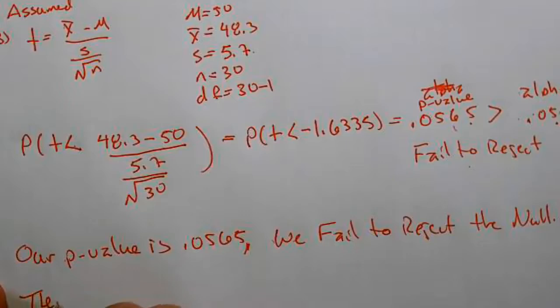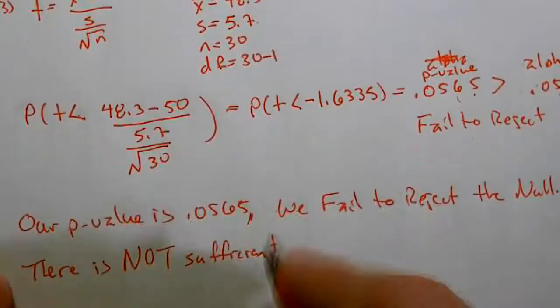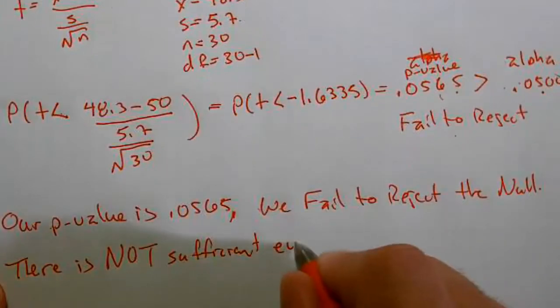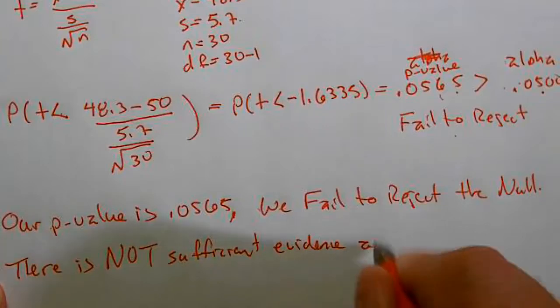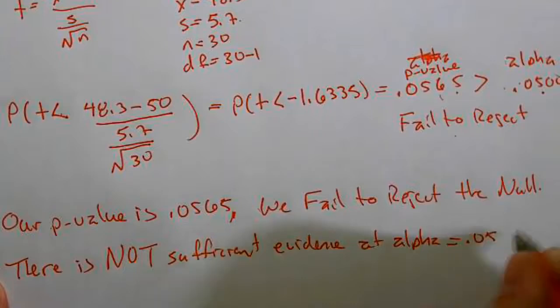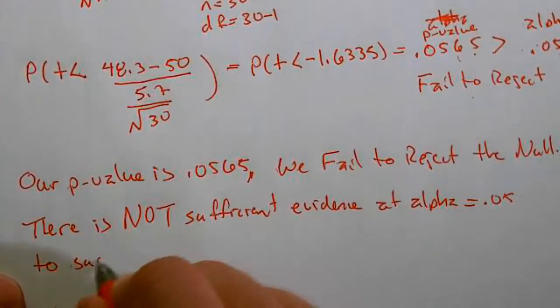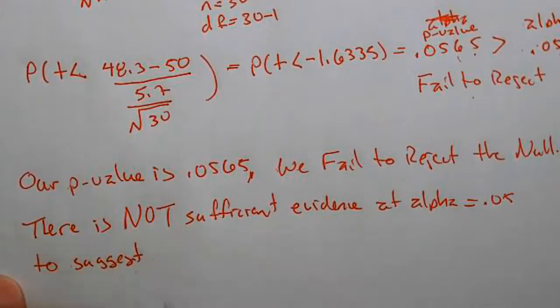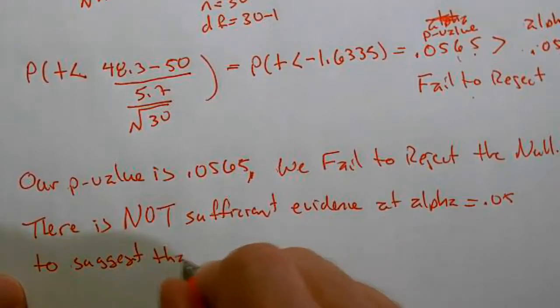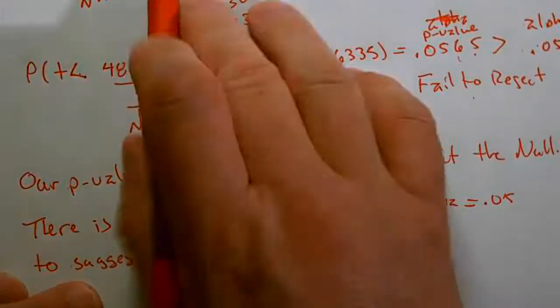Be careful here. There is not sufficient evidence at alpha equal to 0.05 to suggest that the, what was our definition?